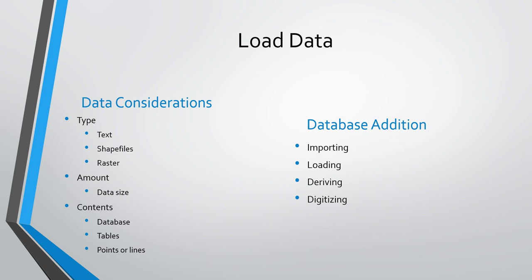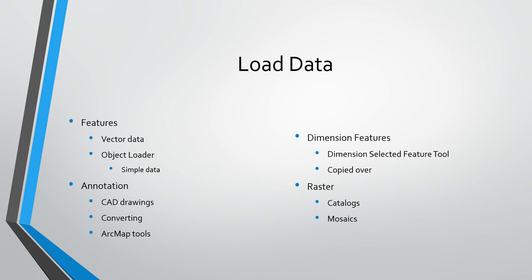So how are you going to add this data in? You can import it, you can load it, you can derive it, you can digitize it. There are different types of data you can load: features, annotation, dimensions, rasters. I think that's the beauty of the geodatabase, is that it takes all sorts of different data and allows you to load it in and create different relationships with it.